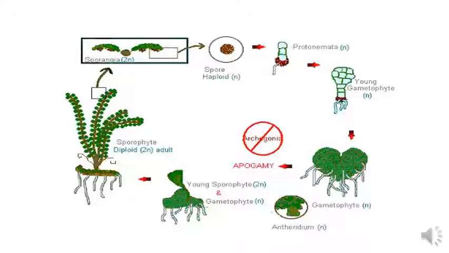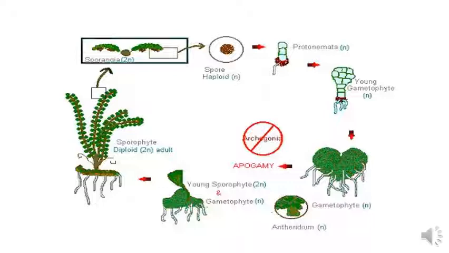In some groups of Archegoniates such as Bryophyta, the gametophyte is the dominant phase. Whereas in pteridophytes, the sporophyte is the dominant phase, which has an ephemeral gametophyte phase.